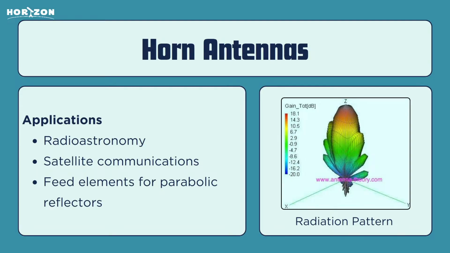Horn antennas are used in radio astronomy because the directional pattern of the horn antennas allows the astronomers to pinpoint a region of the sky where the source can be located. The horn shape also maximizes efficiency, which is crucial when you're trying to detect faint signals from space.